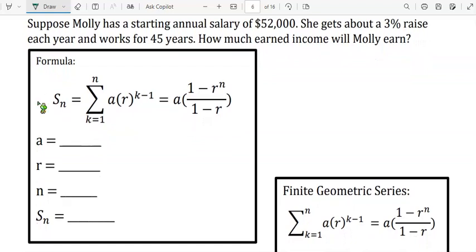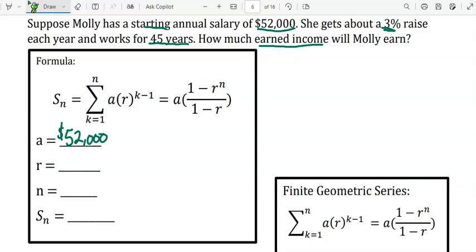Suppose Molly had a starting annual salary of $52,000. She gets about a 3% raise each year and works for 45 years. How much earned income will Molly earn? A is the initial amount, that is $52,000.